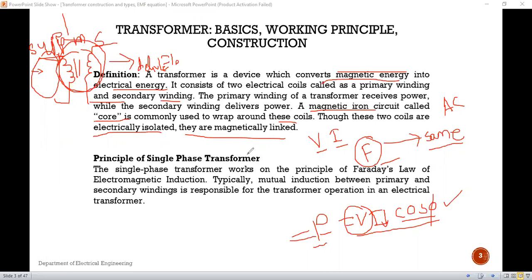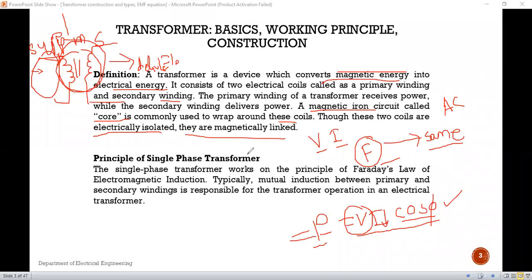So this is just the definition of the transformer. Now see, the transformer consists of three main parts. The first part of the transformer is the core. The second part is the winding, and the third part is the insulation. So the transformer has three main parts. We will discuss the construction later. The core is the important part.